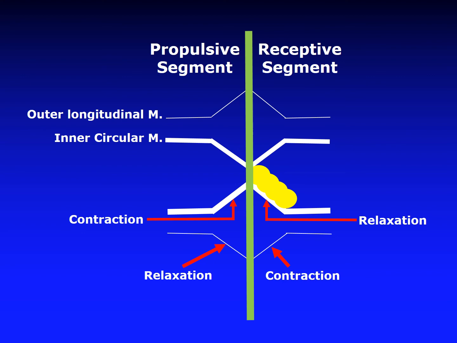In the next lecture, I will be talking about the specific motility patterns for each part of the gastrointestinal tract. Again, this lecture talked about only the general requirements for gastrointestinal motility to take place.